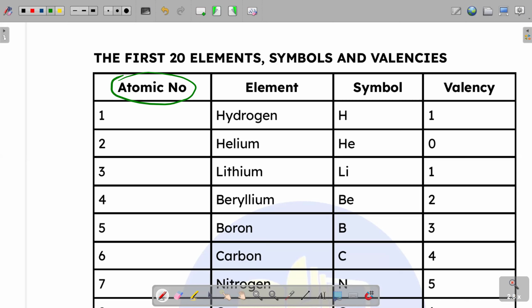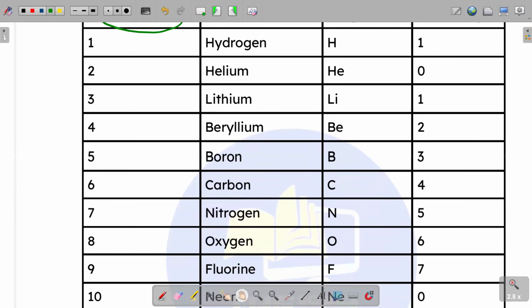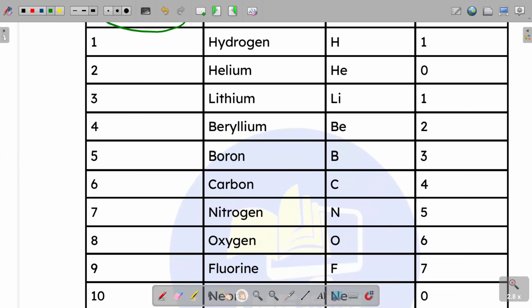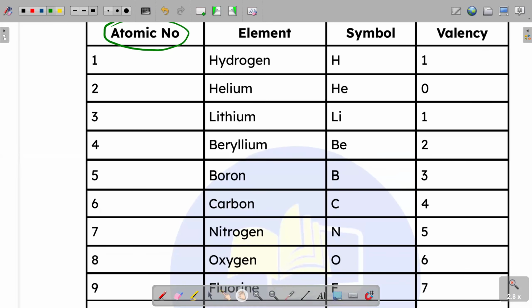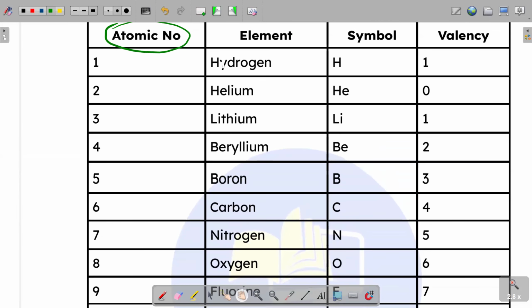For example, the element that has an atomic number of 8 is oxygen. If that atomic number changes, it cannot be oxygen anymore. So the atomic number is actually the proton number present in the nucleus of that atom.